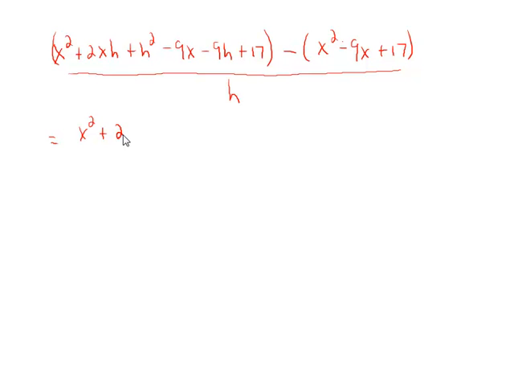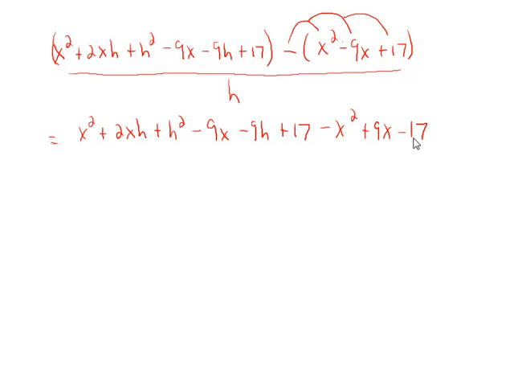x squared plus 2xh plus h squared minus 9x minus 9h plus 17 minus x squared plus 9x minus 17, all over h. x squared and negative x squared cancel out.